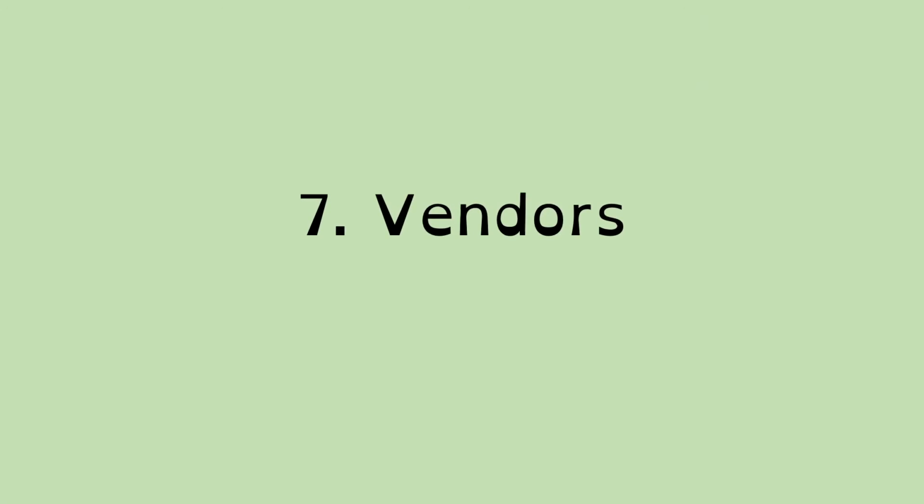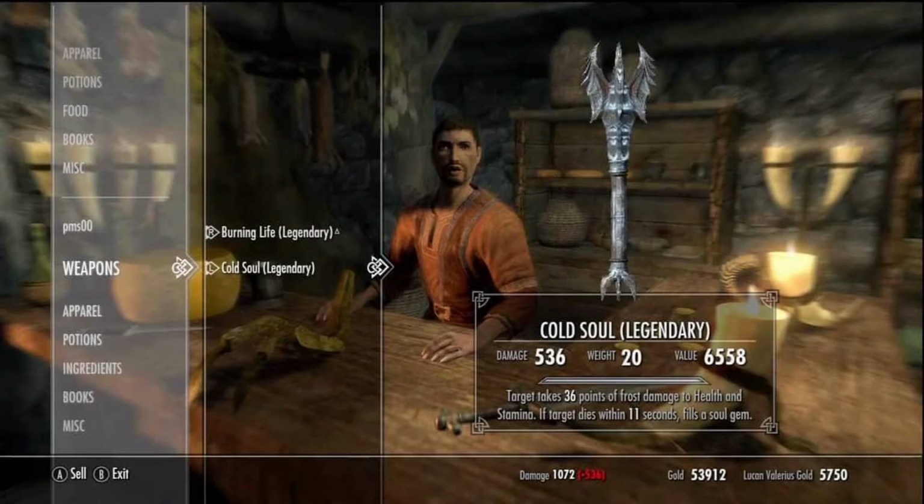Vendors, right? Okay, so there are some interesting things with vendors in Skyrim, which this is a picture of. One of which is that they have limited money themselves, which is a curious thing. I'll talk more about that when I talk about economies in games. There is this thing, which is that vendors will almost always sell to the player at a higher price than they will buy from the player.